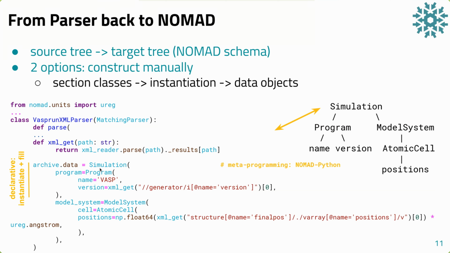So you can follow along the simulation, down the program, and up, down all of the leaves. This is because we've used a more declarative approach where we keep the entire structure together. This is done by doing the instantiation and the filling all at once.